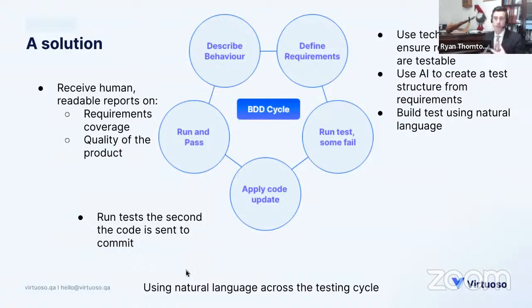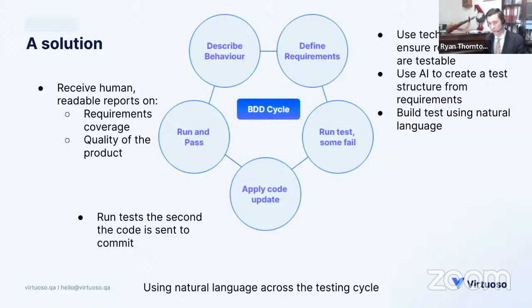So we're now able to use technology to ensure that requirements are testable. We can use AI to create a test structure from requirements, and we can build tests using natural language. So if you imagine a manual test script, it is not so far removed from what you can do with requirements with a human. If you can do that with AI, then we're in a situation where we can automate.